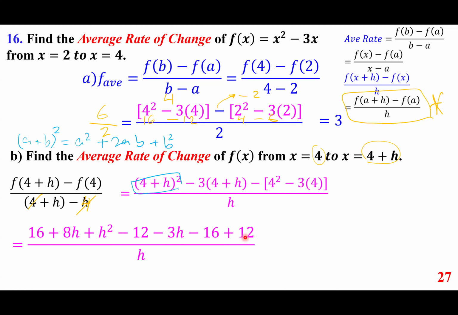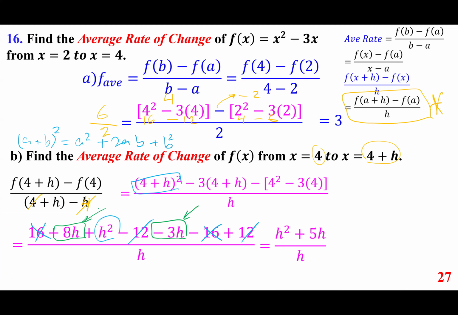And the reason I actually want to look at it this way, because this number, this number, this number, and this number, take a look. 16 cancels out minus 16, 12, and negative 12. So what we are left with in the numerator is h squared plus 8h minus 3h, also giving us 5h.